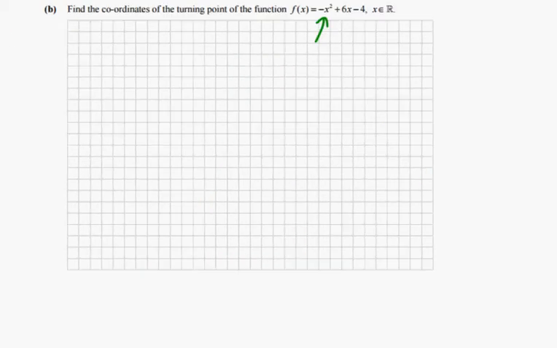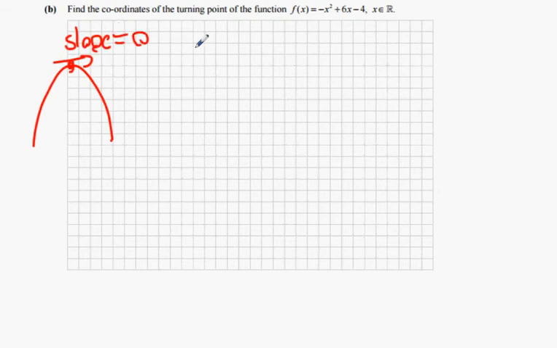How would you do that using differentiation only though? So here's how you do it. At any maximum point, or a minimum point, what's the slope? 0. In differentiation, how would you get the slope formula? The first derivative is your slope. So your slope equals the first derivative. What's the first derivative of minus x squared?